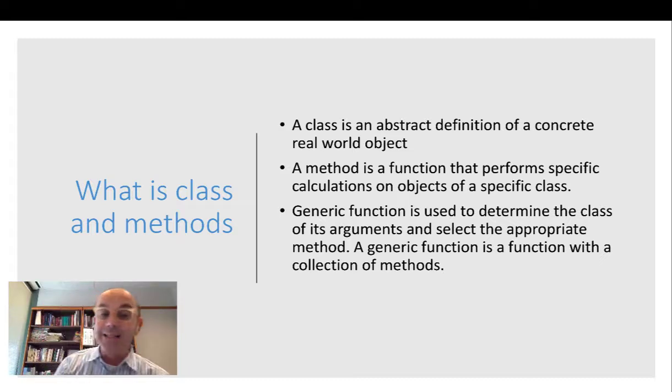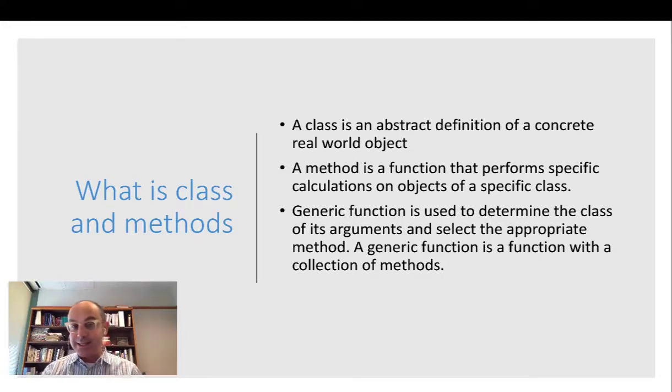So what is a class and what is a method? A class is an abstract definition of a real-world object. A method is a function that performs a specific calculation on an object of a specific class. And a generic function is used to determine the class of its arguments and select the appropriate method.